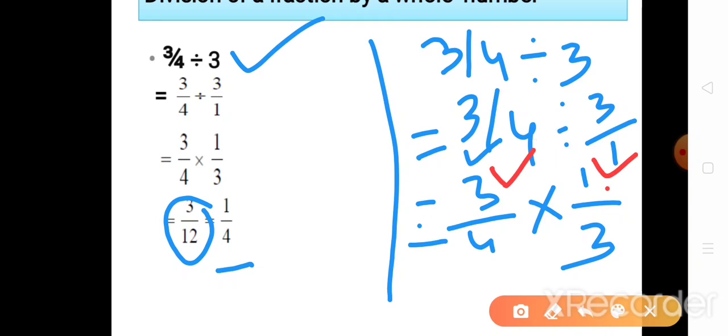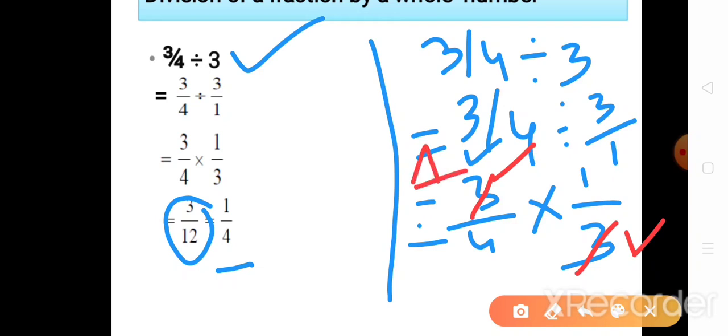But what you can do is, you can divide the numerator of a fraction with the denominator of another fraction, provided it is dividing it perfectly. That means without a remainder. So we can see that 3 can get easily divided by 3 and it is going to give us 1.